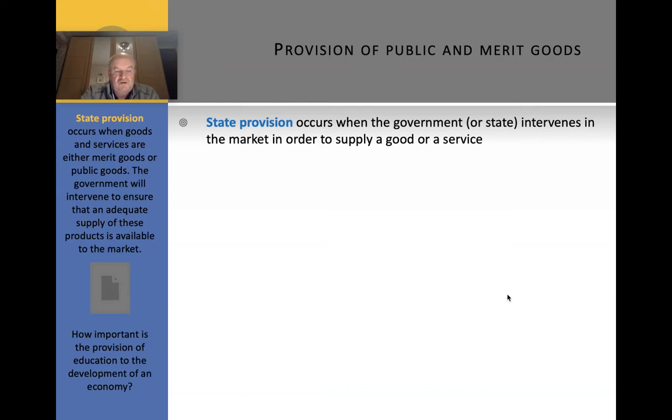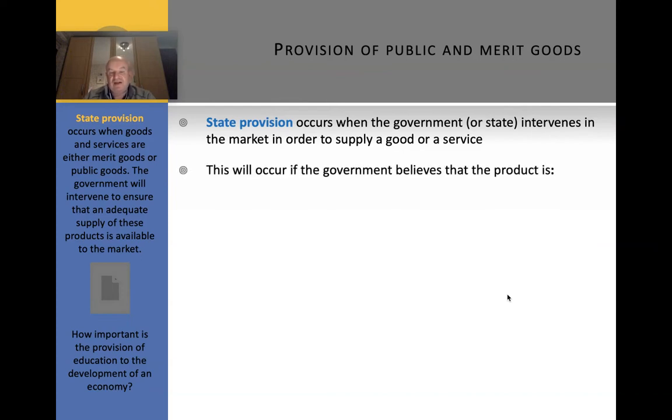The government chooses to intervene because they want to ensure there's an adequate supply of those goods, products and services available to the market, okay? And clearly, in some cases, there are going to be added benefits and improvements as a result of that process, okay? So state provision of those types of services and public goods is clearly a very important part of the whole process, okay?